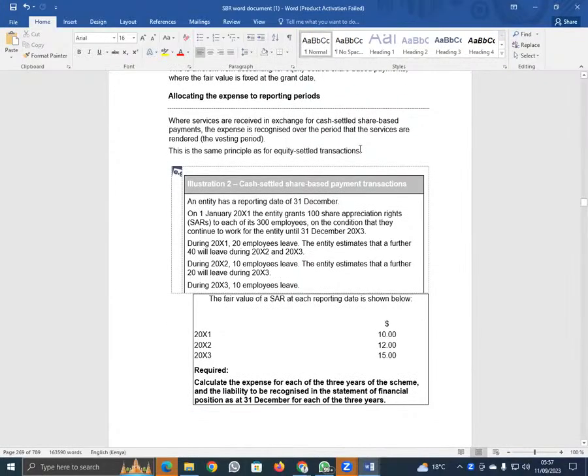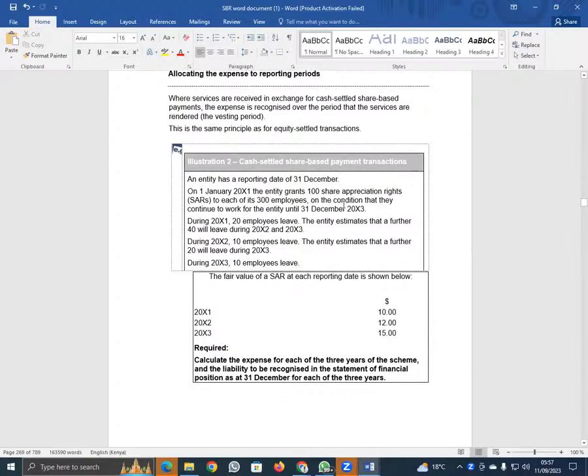The last thing, cash settled. You can write there cash settled share-based payment, cash settled share-based payment.